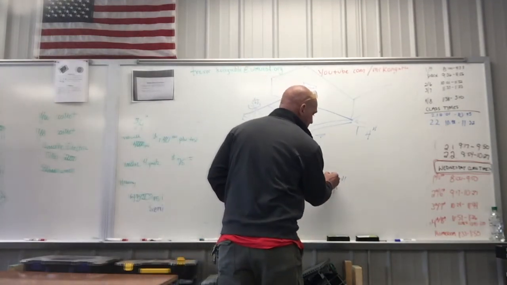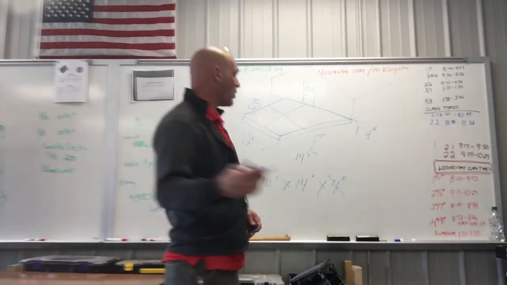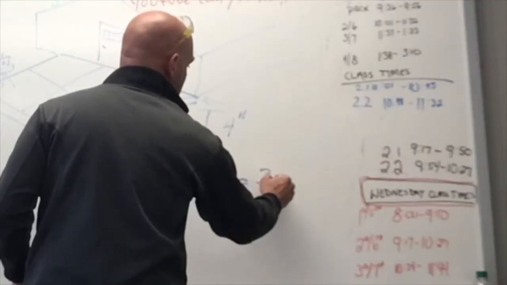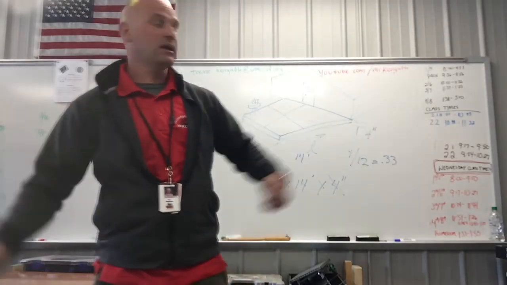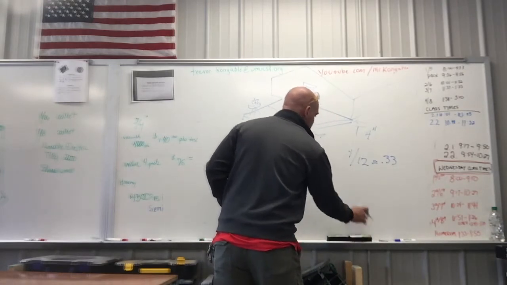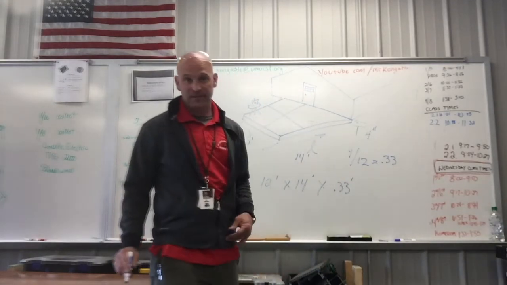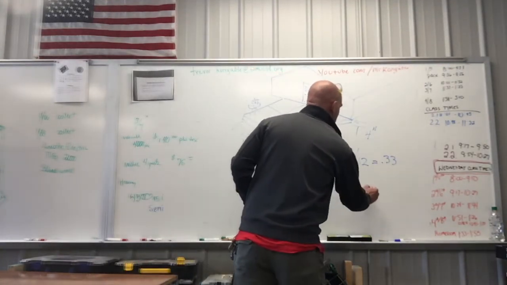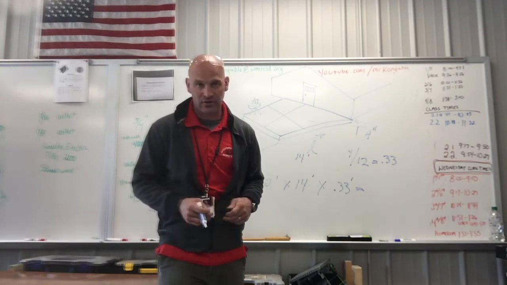So instead of saying 4 inches, if you say 4 divided by 12, it gives you a third, or 0.33 repeating. So we need to substitute this 4 inches with 0.33 foot. So that'll give us a number of how much cubic feet of concrete we need.